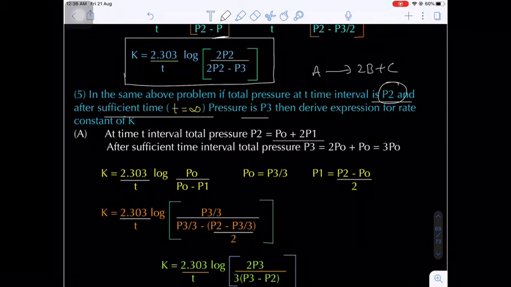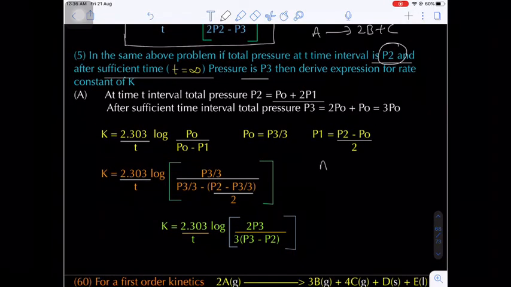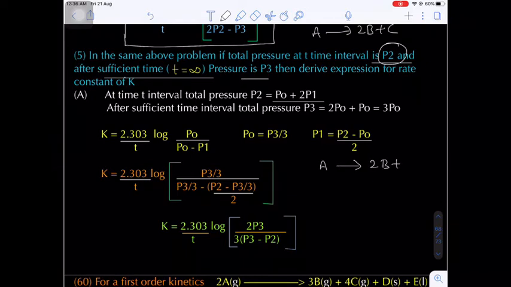And one more important point about sufficient time of interval. Let's suppose A gives 2B plus C. Initially at T0, I am taking the partial pressure of the reactant as P0, and these two are 0, 0.